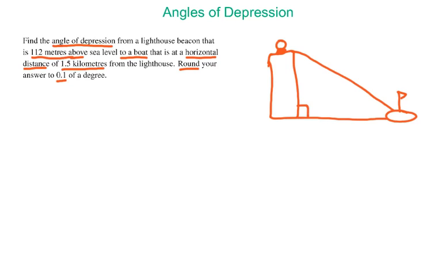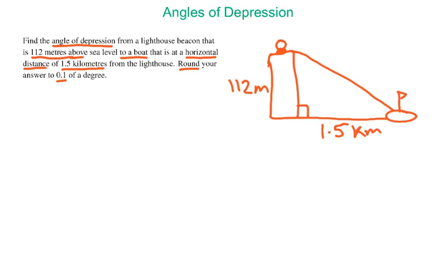So with this, we've got 1.5 kilometres, which is my horizontal, and the lighthouse, which is 112 metres above sea level. So noticing that you've got 2 units already that are not in the same unit, we will need to deal with that in a moment.